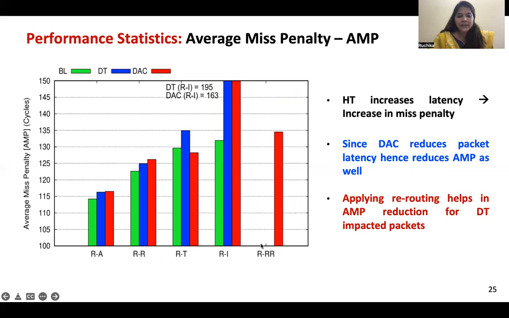While we perform the rerouting, we can see the rerouting performance. Also, we can see the impacted packets have very low average packet latency. So it is very much visible how DAC is able to restore the system performance.